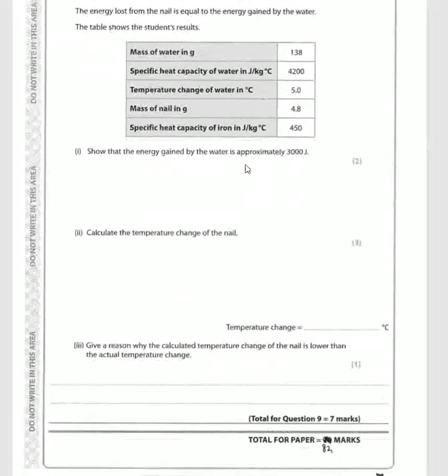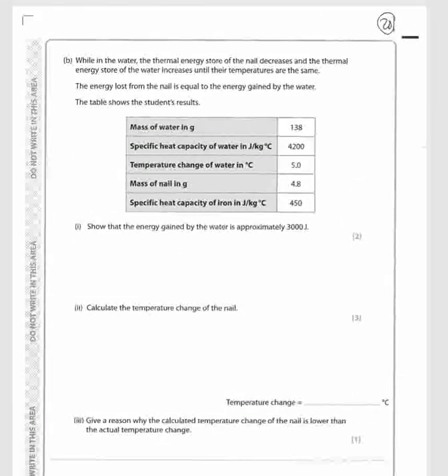Now this one here we need to know the equations. So the equation for this one is energy is equal to mass times specific heat capacity times change in temperature. Now for the water: this is the water, this is the water, and this is the water. All we need to do is just plug this in. Now this is in grams, so we need this in kilograms.